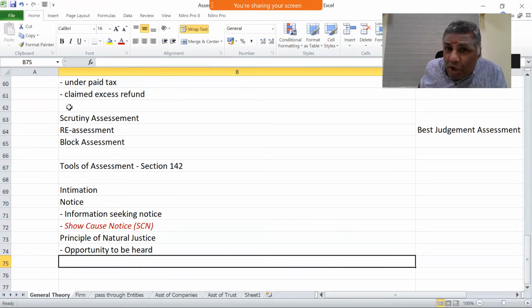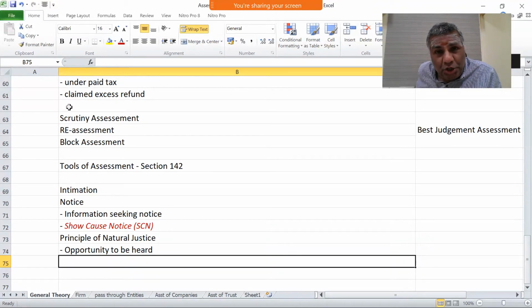Let's go back to our APA. APA cannot be rejected without giving an opportunity to the assessee to represent. Advance ruling application cannot be rejected unless an opportunity is given to the assessee to be heard.